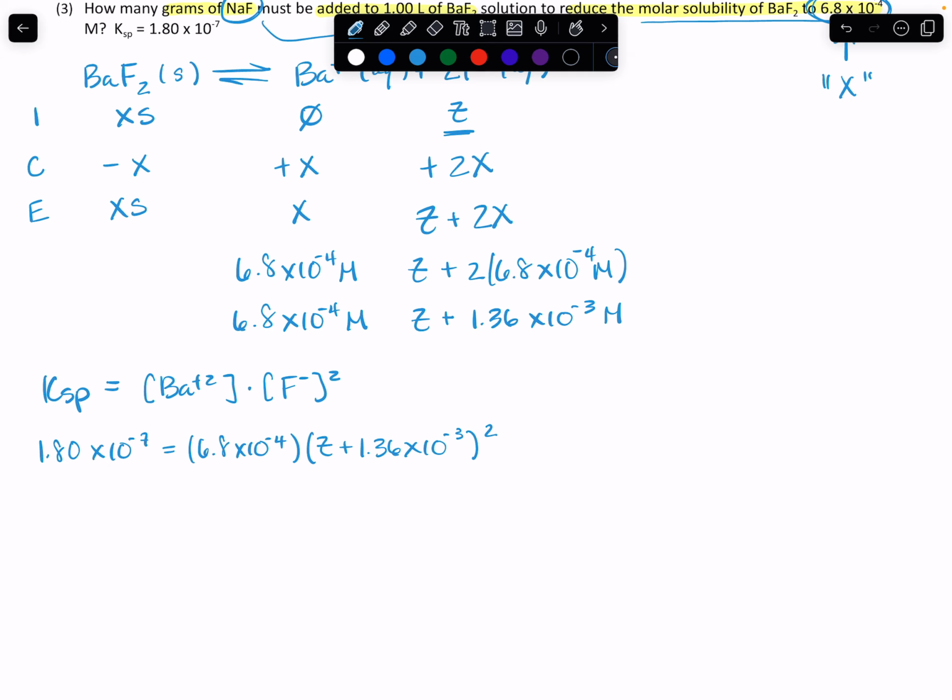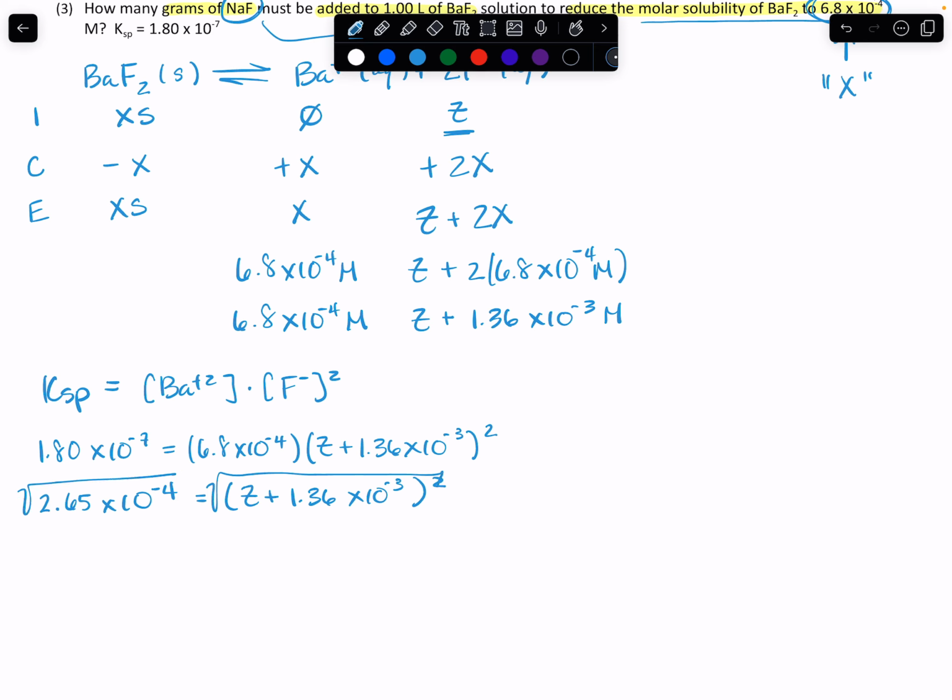So I'm going to divide 1.8 times 10 to the negative 7th by 6.8 times 10 to the negative 4th. So I'm going to get 2.65 times 10 to the negative 4th. That's going to equal Z plus 1.36 times 10 to the negative 3rd, squared.